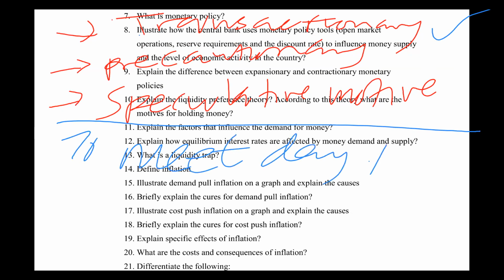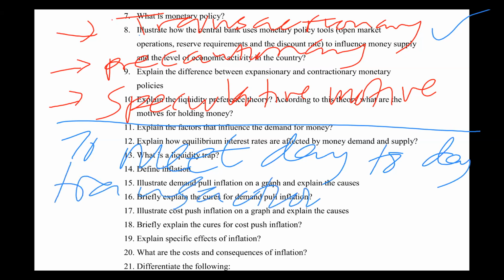They do that to meet the day-to-day transactions. That's the transaction motive. That's the reason why people hold money, according to Keynes. Any question? No questions. Okay, that is the first motive that influences people holding money.